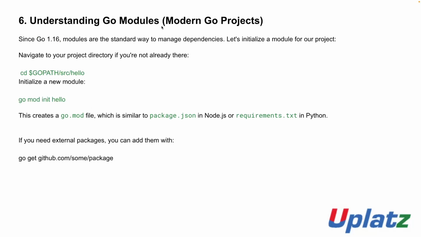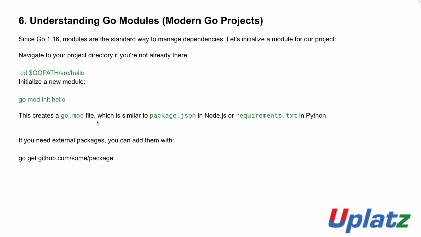Understanding Go modules, modern Go projects. Since Go 1.16, modules are a standard way to manage dependencies. Let's initialize the module for our project. Navigate to the project directory if you are not already there, and initialize a new module: go mod init hello.